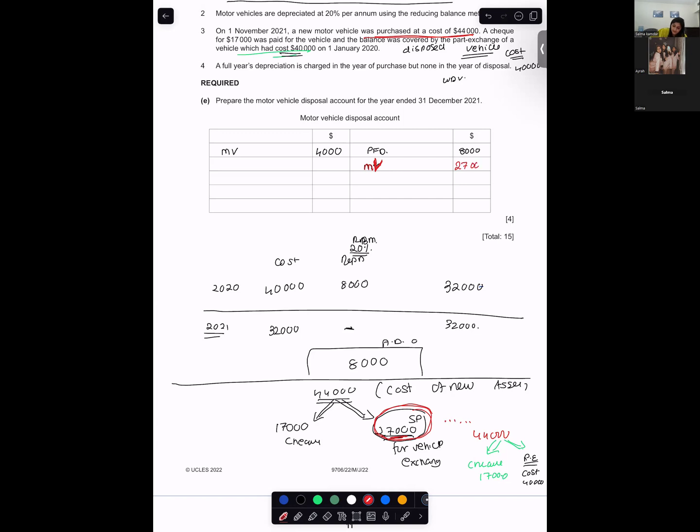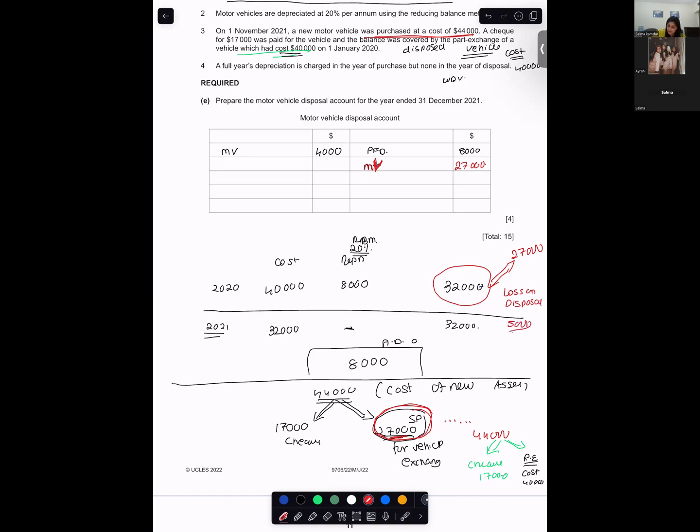So the motor vehicle whose book value is 32,000 is disposed of at 27,000. So am I getting a profit or a loss? I'm getting a loss on disposal of 5,000.